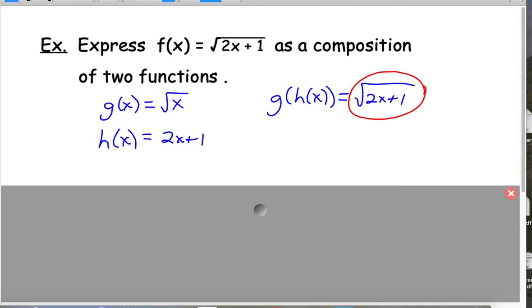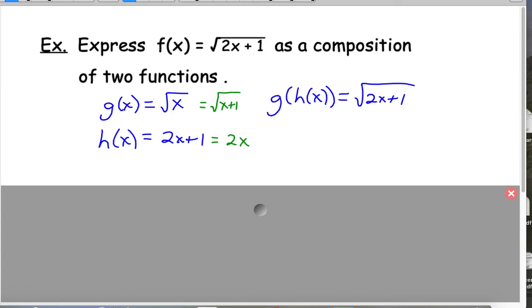Is there another way to do it? Well, I already told you there's an infinite number of ways we can do this. So another way you could come up with, write it in a different color, what if I let g of x equal the square root of x plus 1? And then I let h of x equal just 2x.